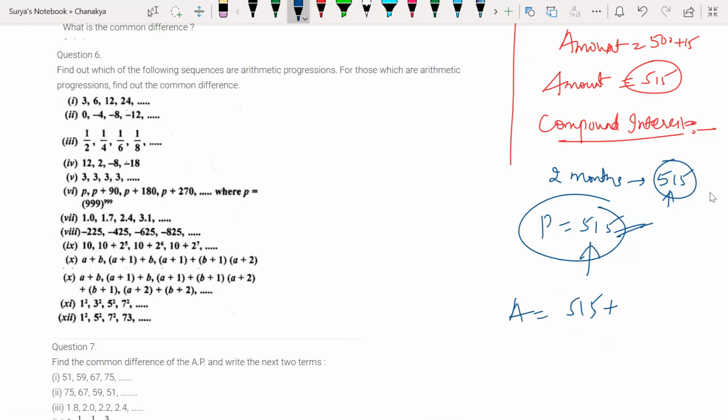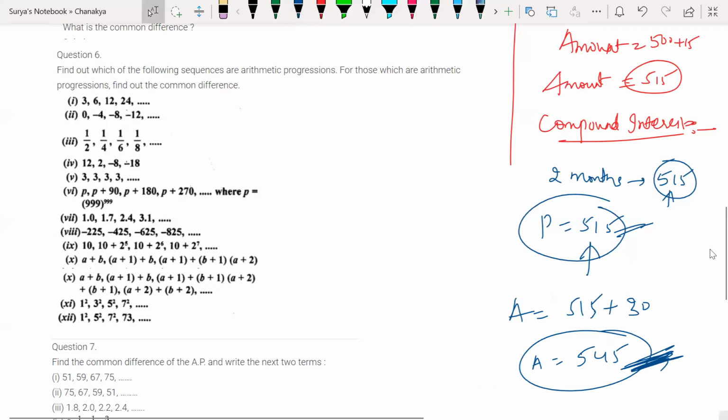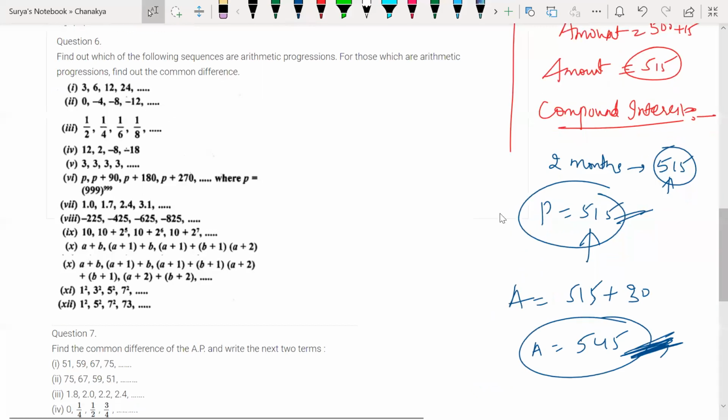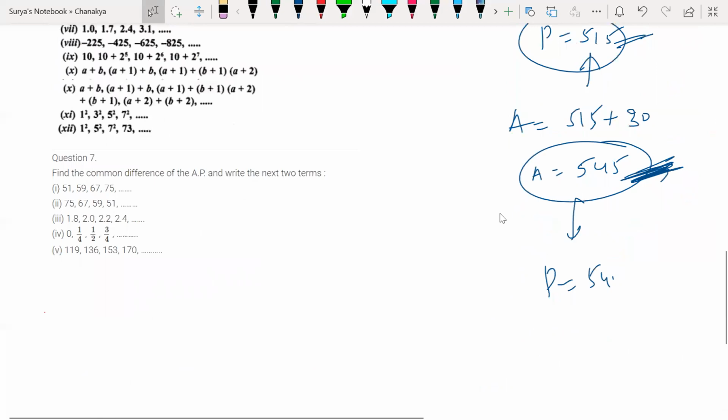You calculate some 30 rupees. Let us say that. So A is equal to 545. Again, after if you get delayed, how much amount do you have to pay now? 545 rupees. Again, if you get delayed, what is going to be your principal? 545. As per this, you are going to calculate interest and you have to pay. That is what is called compound interest.